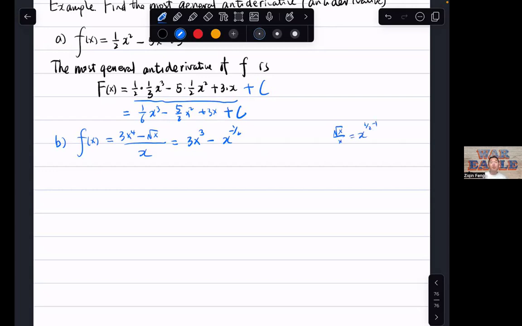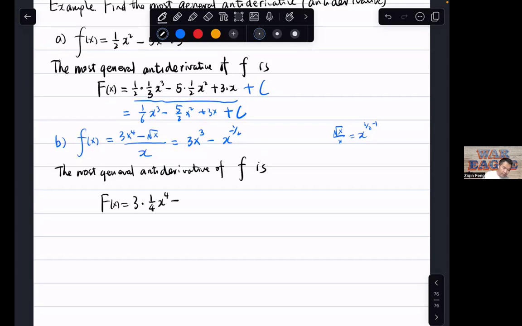Now you can see that both terms are power functions, so we are ready to write down the most general antiderivative of f: capital F of x equals 3 times 1/4 x^4 minus 1/(-1/2 + 1) x^(-1/2 + 1) plus a constant.